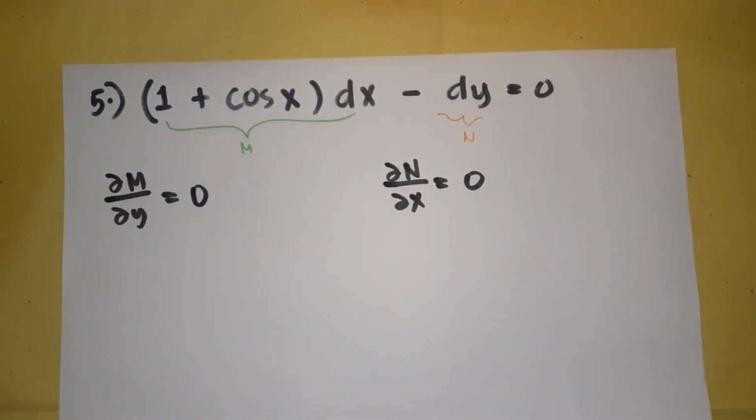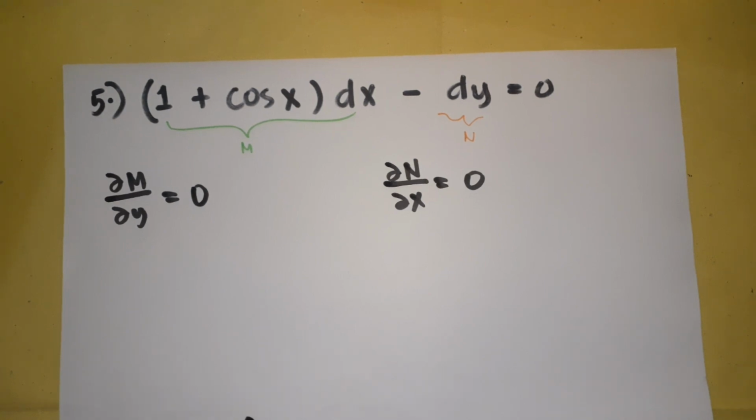Therefore, since both M and N have equal partial derivatives, it is an exact differential equation.